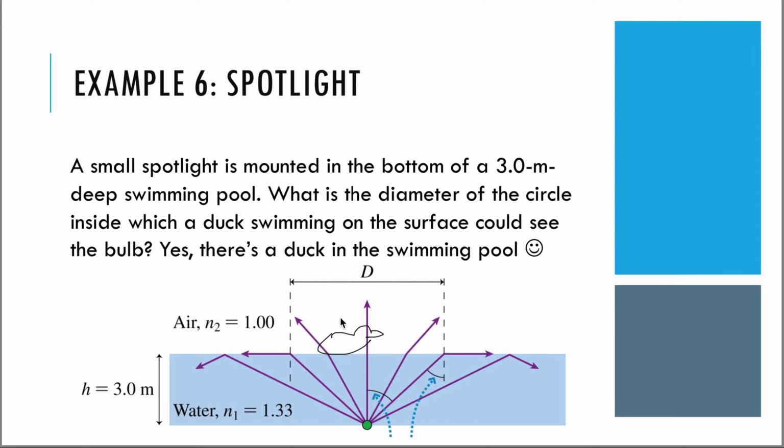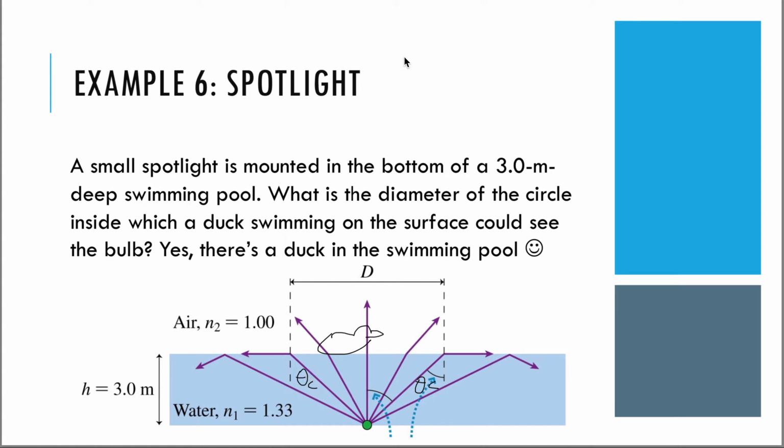So what this problem is really asking us to do, first of all, is find that critical angle, because that theta c, which is the same on both sides, is what's going to determine the size of this circle.